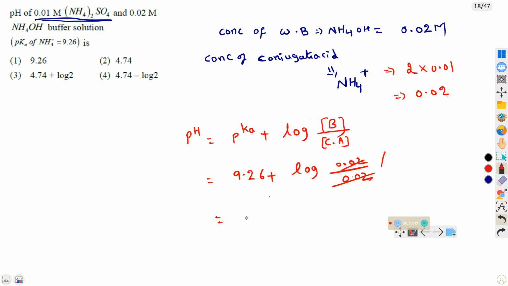Cancel, log 1 value 0, you will get 9.26. Based on this, first option correct.